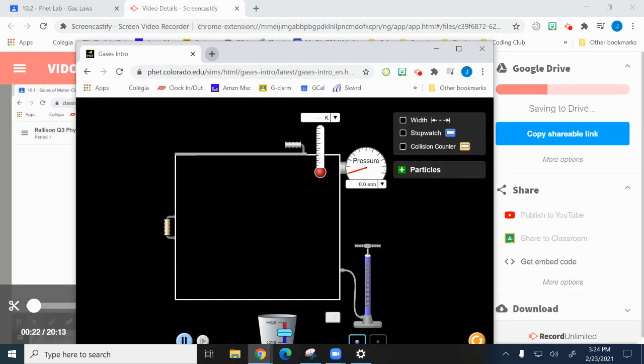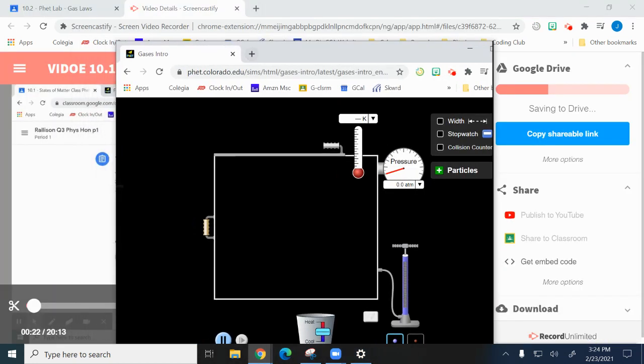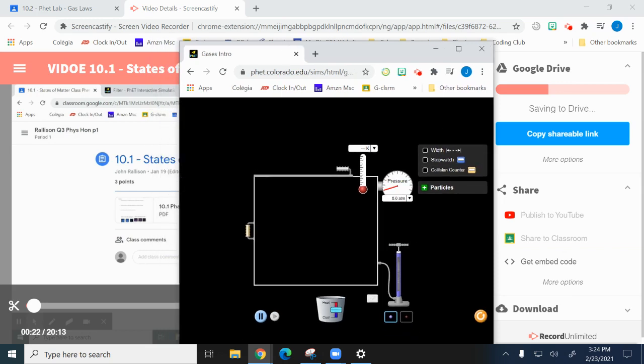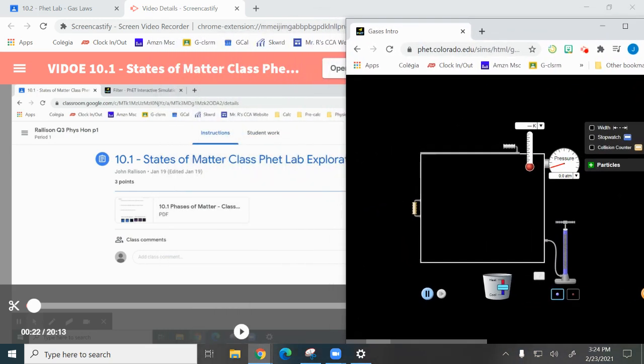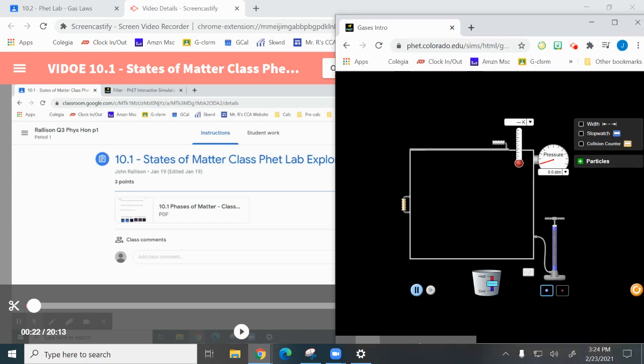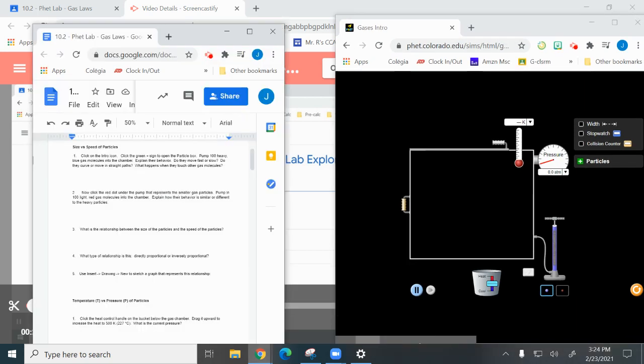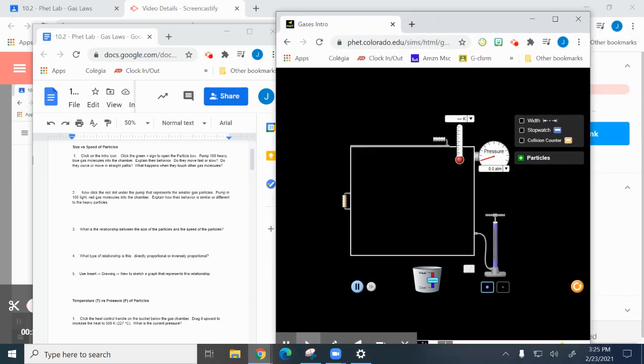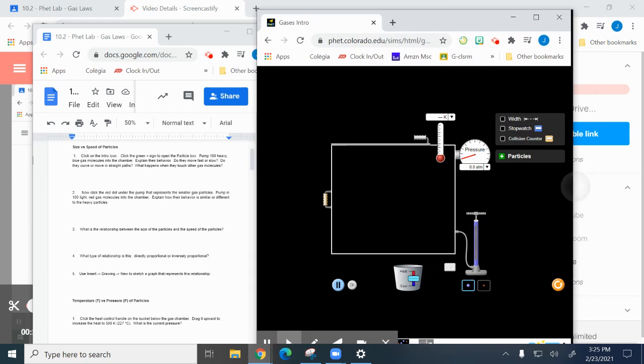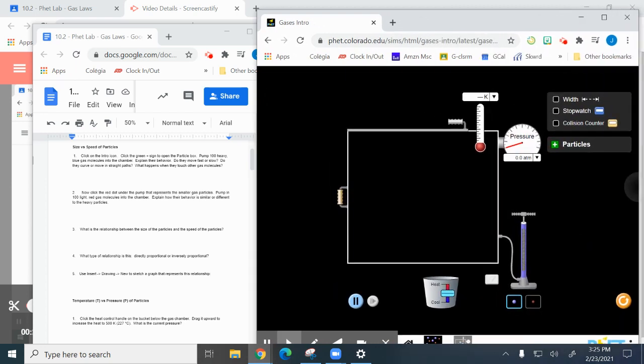Sorry for doing this on the fly, but that's what happens when I have to do a lot of makeup work. Okay, that's working pretty good. It says click on the Intro, and you might want to do this on your own computer too, because these instructions are pretty detailed.